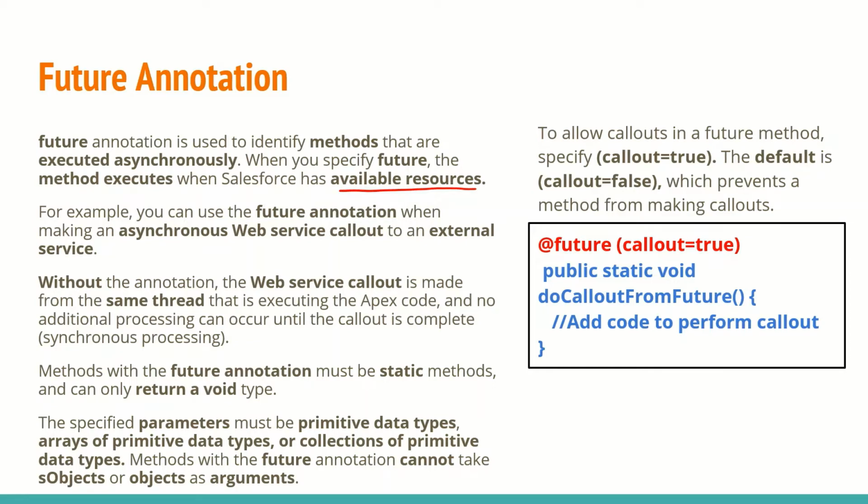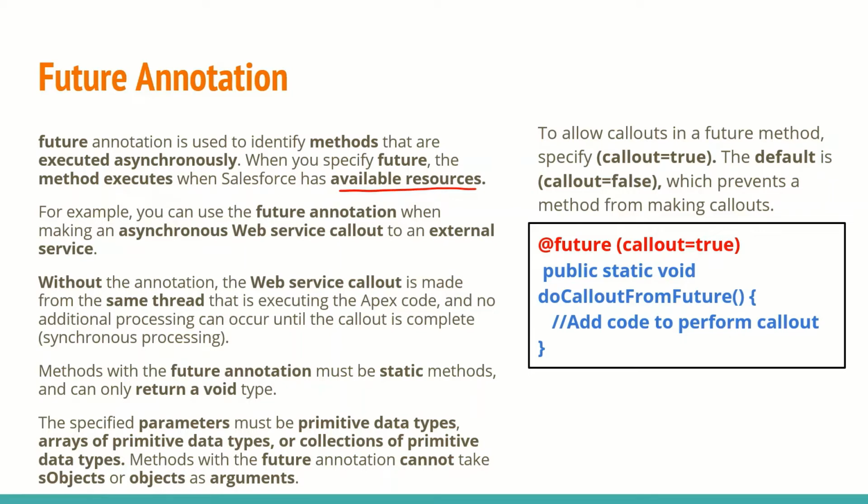Without the annotation, the web service callout is made from the same thread that is executing the Apex code, and no additional processing can occur until the callout is complete, because it's synchronous processing. Methods with the future annotation must be static methods. So there is some thumb rule to that.